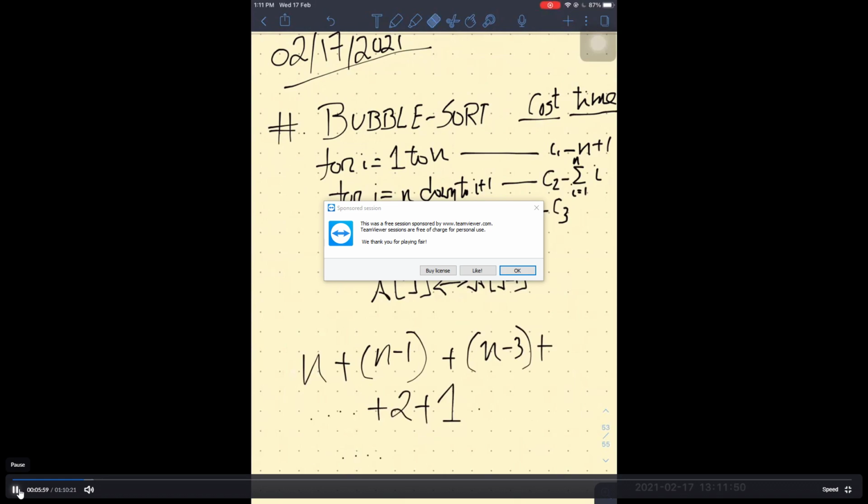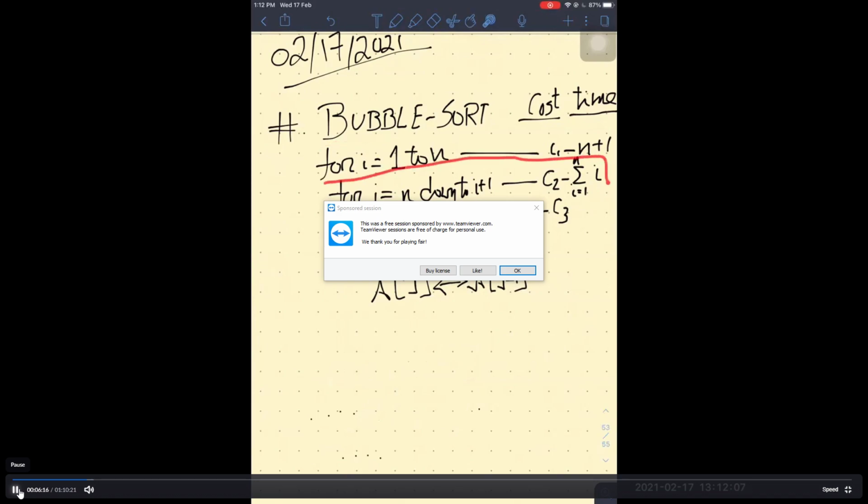Is it clear? As i increases, the number of times this inner for loop runs will decrease. So is it clear why we have this summation for the runtime of this inner for loop?